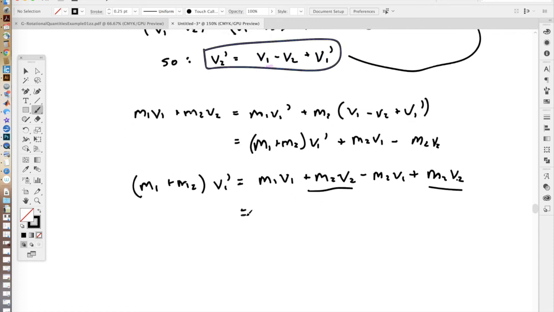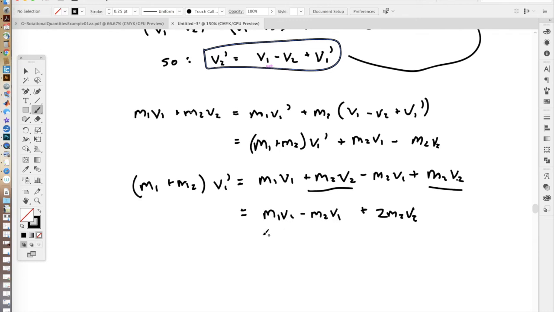That's equal to m1 v1 minus m2 v1 plus 2 m2 v2.